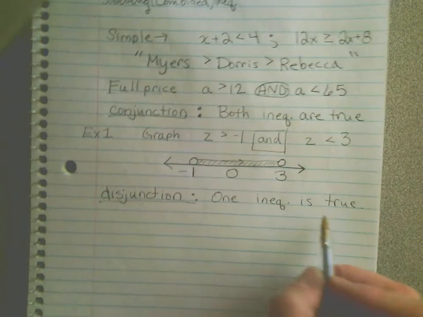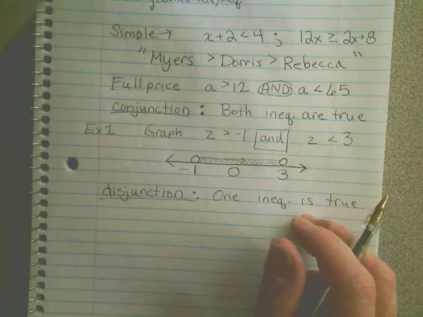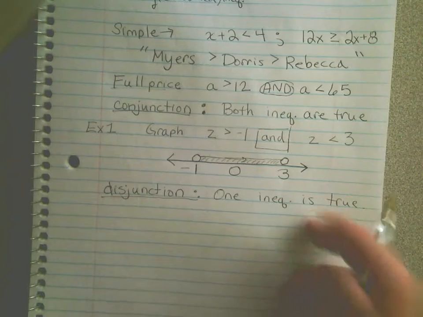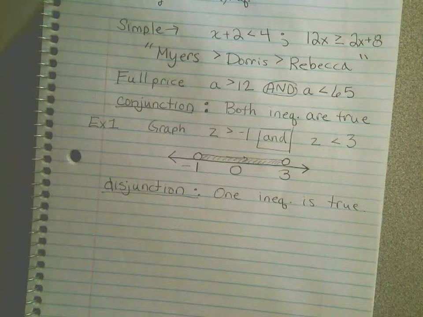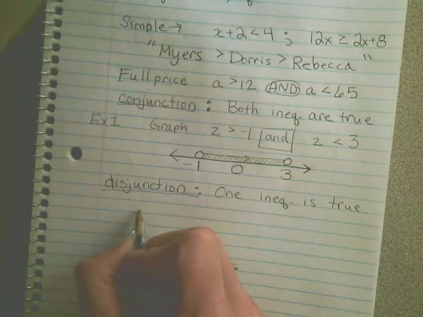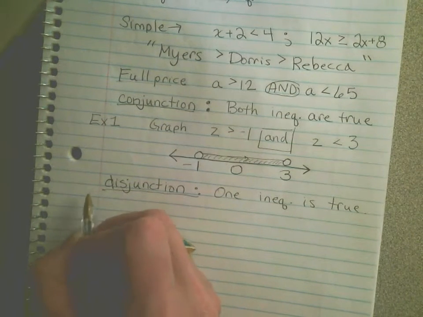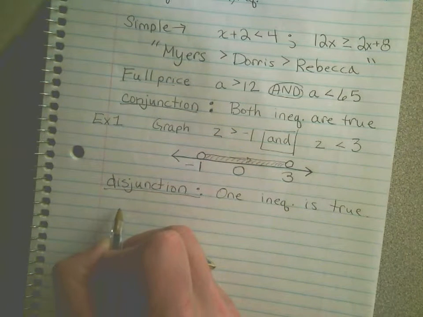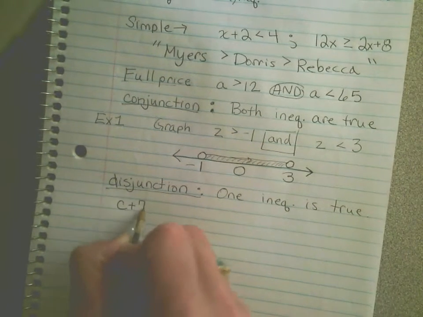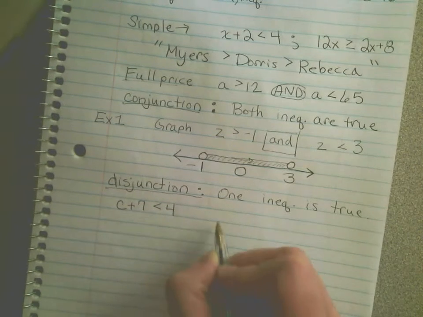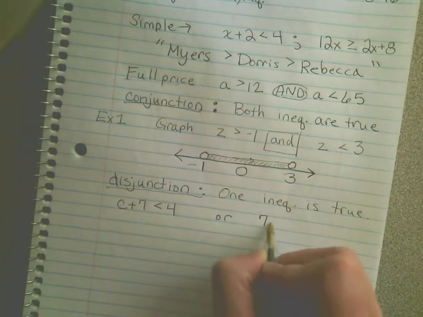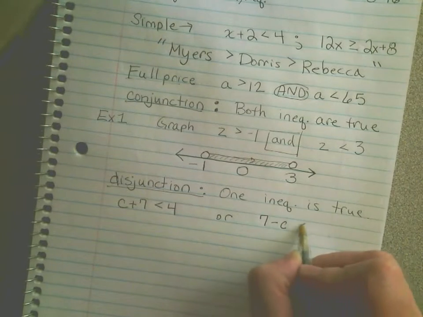So disjunction is when one is true. The question is, how does this apply? How might this look? Maybe a question might be something like this. C plus 7 is less than 4, or 7 minus C is less than 1.